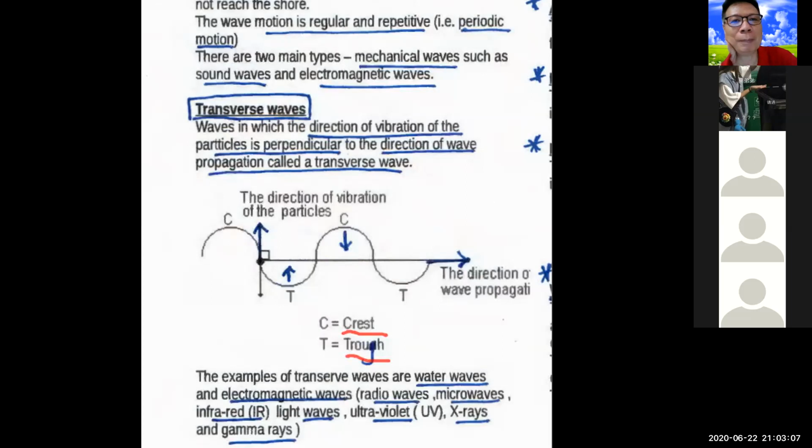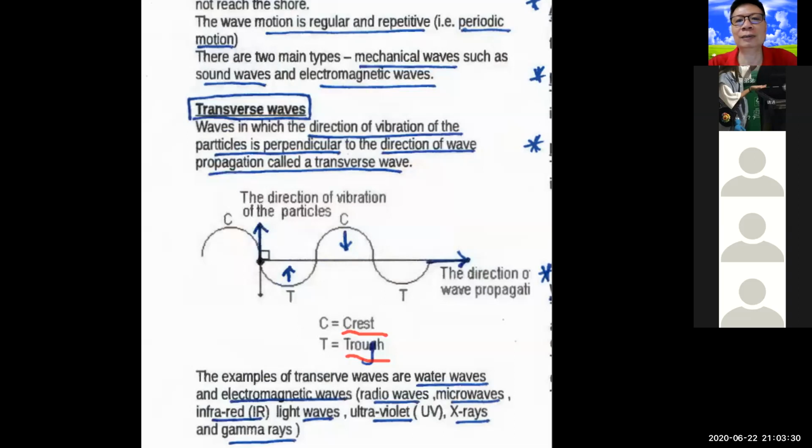Yes, maximum positive displacement is crest. What about trough? Cheris, trough is what? Maximum negative displacement. Yes, very good answer. It's maximum but negative displacement. So you call it trough, remember?